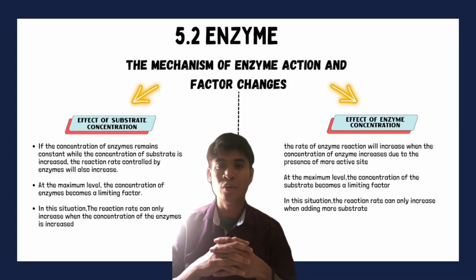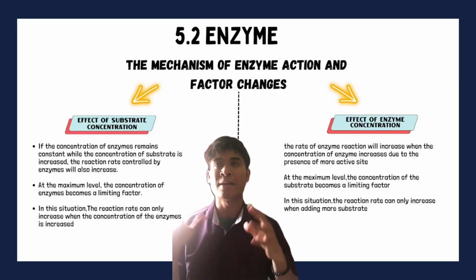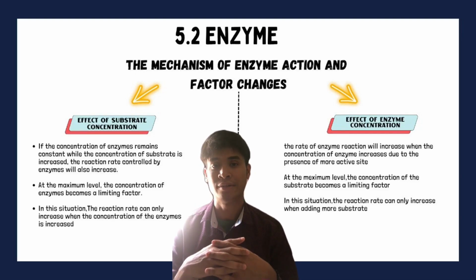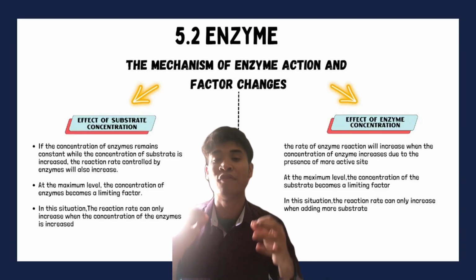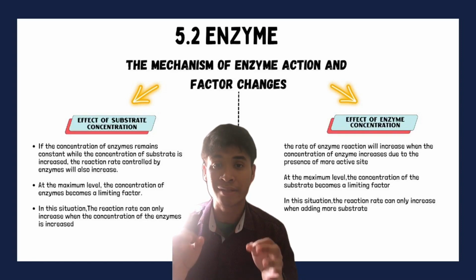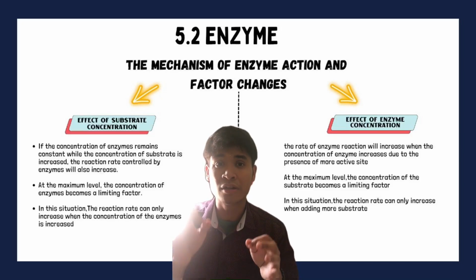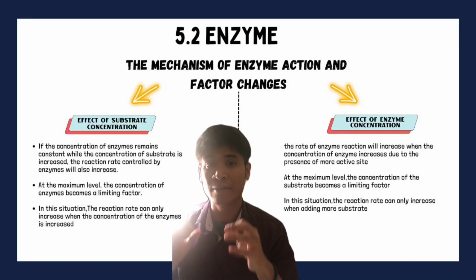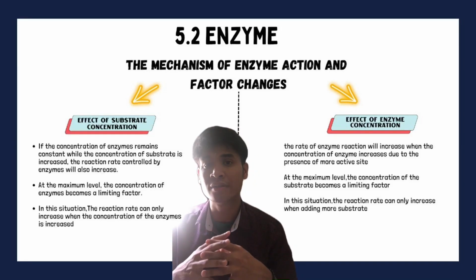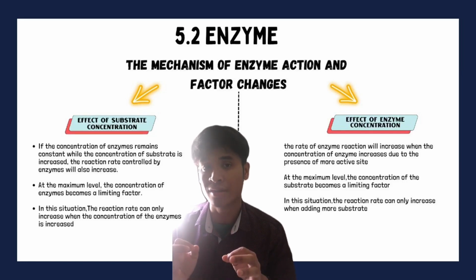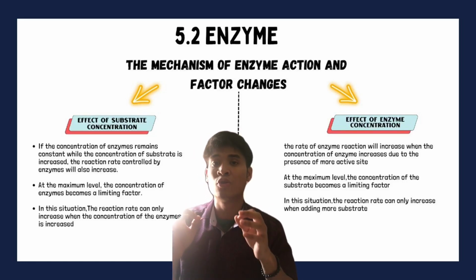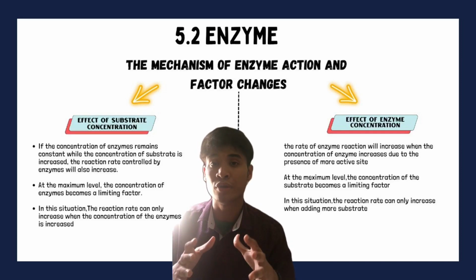Other than that, we also have the effect of substrate concentration on the enzymatic action. If the concentration of enzyme remains constant, listen carefully, while the concentration of substrate is increased, the reaction rate controlled by the enzyme will also increase.